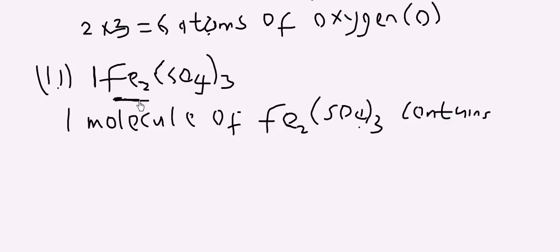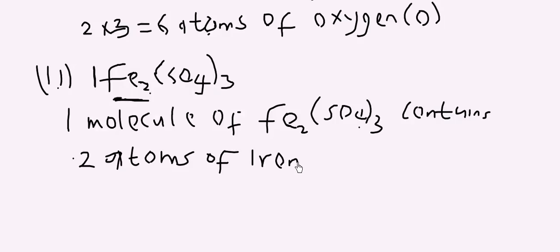So we have two atoms of iron, Fe subscript 2, and I see SO4 there in brackets.